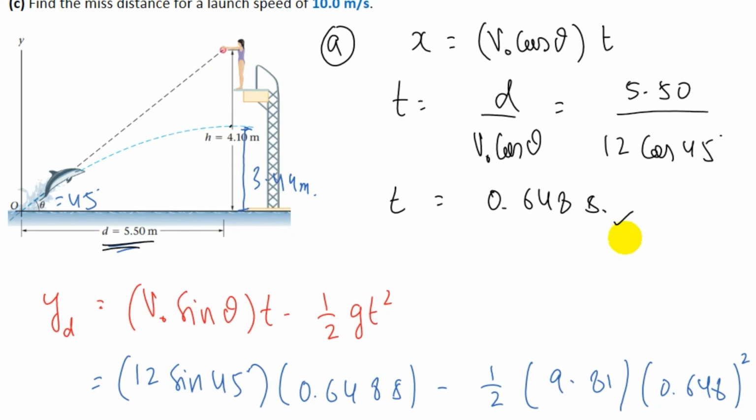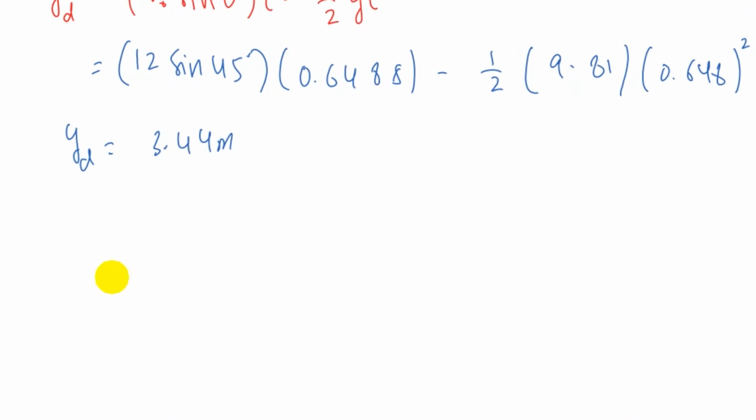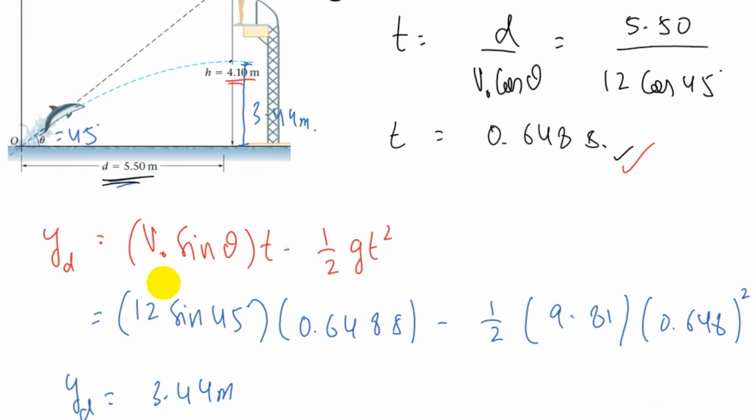Now find the height of the ball corresponding to this time. So when the person drops the ball, the initial velocity for the ball in the vertical direction will be 0 and then it will go on increasing due to gravity. So we can use this equation for the ball. Yb is equal to y naught plus v naught sine theta multiplied by t minus 1 over 2 g t squared. And since there was no initial velocity, this is 0, and y naught, the initial height for the ball, is 4.10 meters.